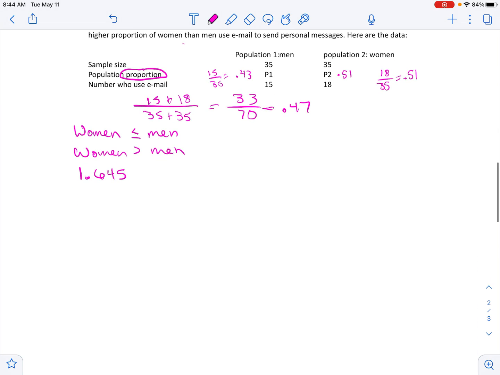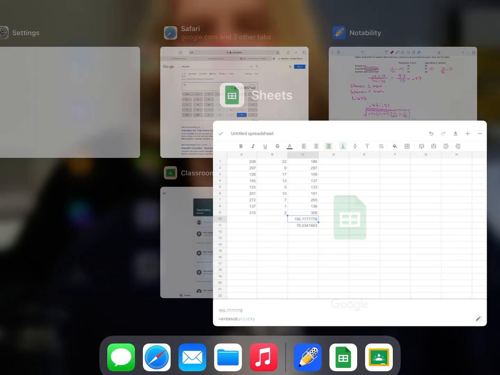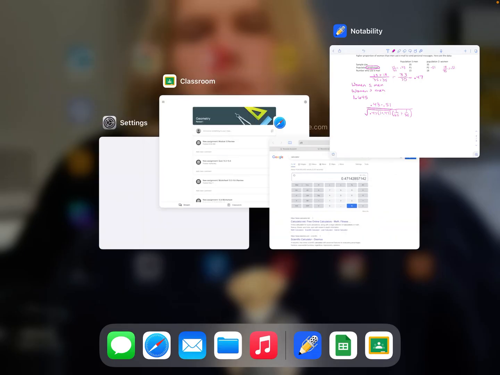And now we're going to go ahead and write the equation. So it's proportion 1 minus proportion 2 divided by the square root of our pooled proportion, which is 0.47, times 1 minus that pooled proportion, and then 1 over our sample size 1 plus 1 over our sample size 2. So we're going to go ahead and do that.